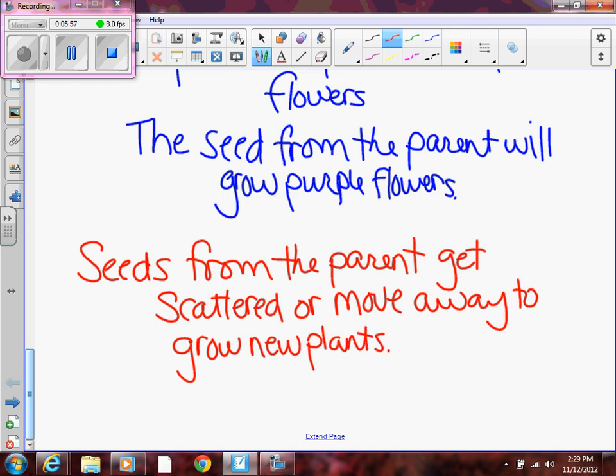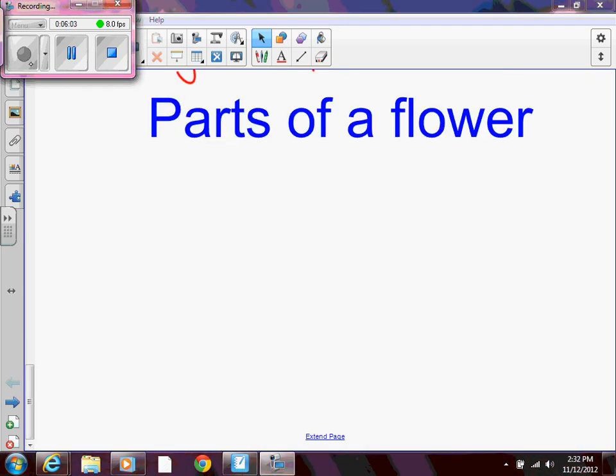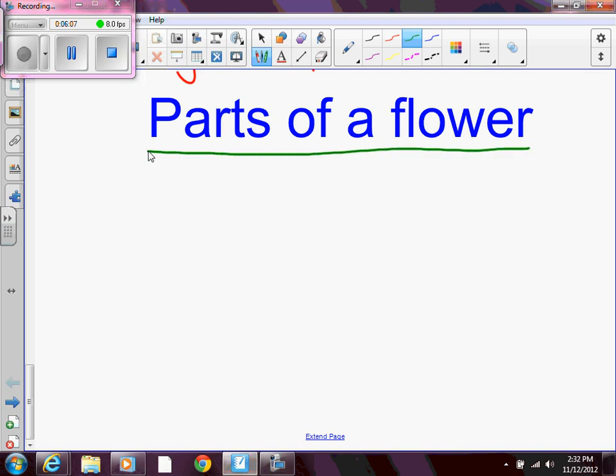Okay, so they go away. Either wind blows them away, those wonderful little seeds. We need to define what it means to, what does it mean to pollinate?